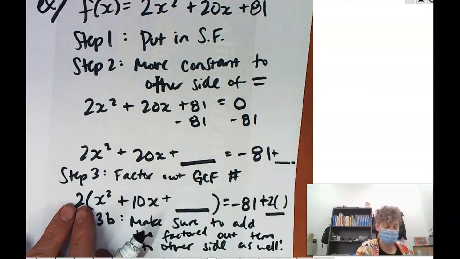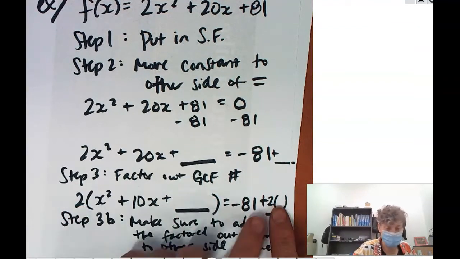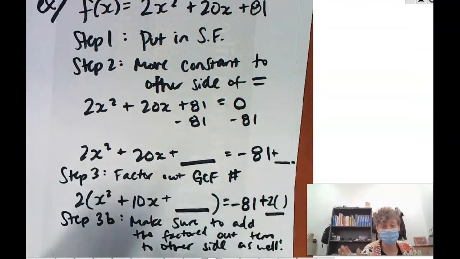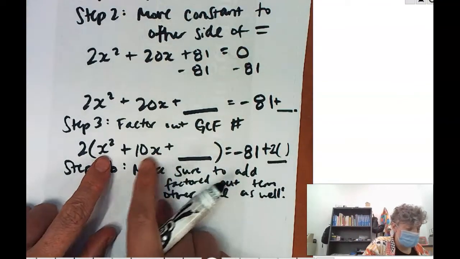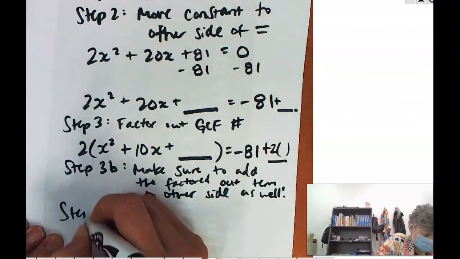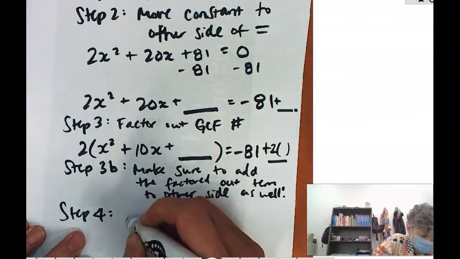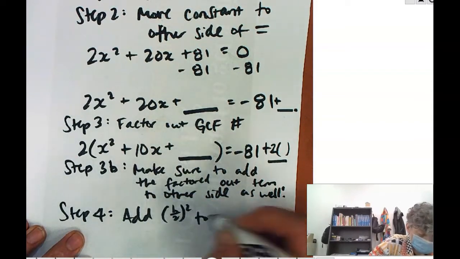I've got a 2 out here, and I'm going to multiply that 2 by this term. I need to multiply that 2 by this term on the other side of the equal sign, again, to maintain our equality. Step 4, same thing. Add (b over 2) squared to both sides.